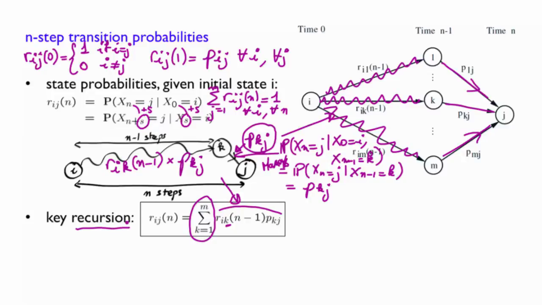This is the recursion in the following sense. Assume that you have calculated r_ik(n-1) for all possible values of i and all possible values of k. And you had stored all these values, m squared of them. For any pair ij, you can now calculate r_ij(n) using that formula, and you can do it in essentially m multiplications and m minus 1 additions.